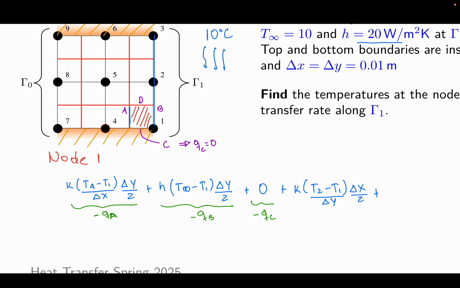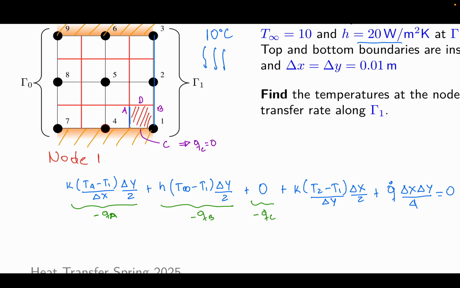Plus the heat generation of this section, which is Q dot multiplied by the total volume, but this is 1/4 of the cell, so that will be delta X, delta Y, and delta C, but we are already canceling delta C, remember, and this is divided by 4, and that equals 0.